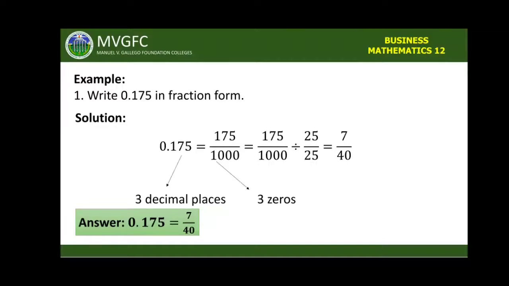So we just need to simplify the fraction by looking for the greatest common factor of 175 and 1000, and that is 25. So we have 175 divided by 25 is equal to 7, and 1000 divided by 25 is equal to 40. So for our answer, 175 thousandths is equal to 7 over 40.